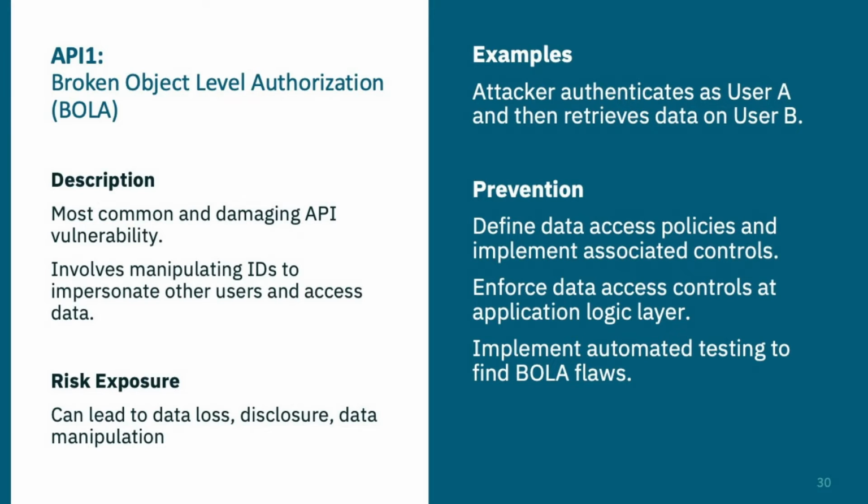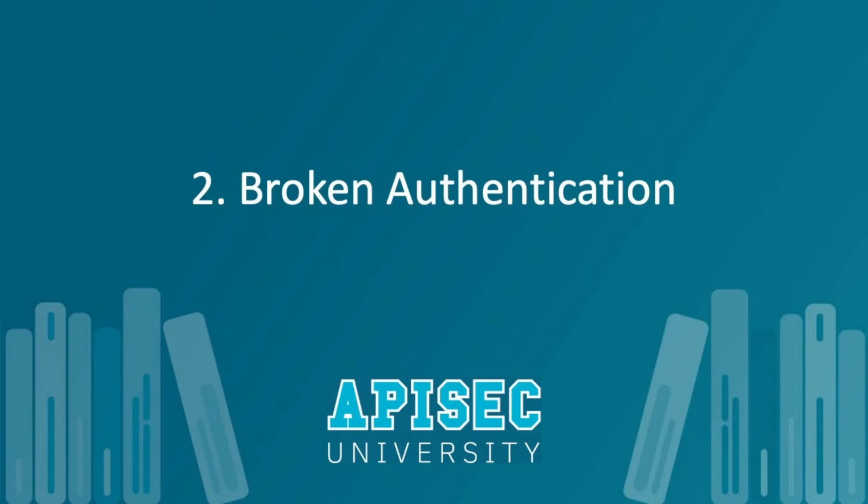And you want to implement automated testing to make sure that no exposures or gaps are being revealed or sort of entering into your application code logic. So, continuous and comprehensive testing, not once or twice a year, but on every release. Because these kinds of vulnerabilities can creep in whenever there's a new code release or a new functionality added to your application. Moving on to OWASP number 2, which is broken authentication.